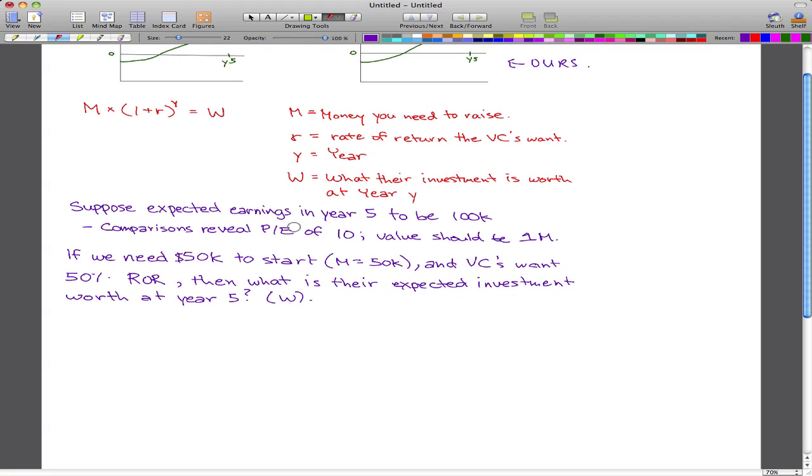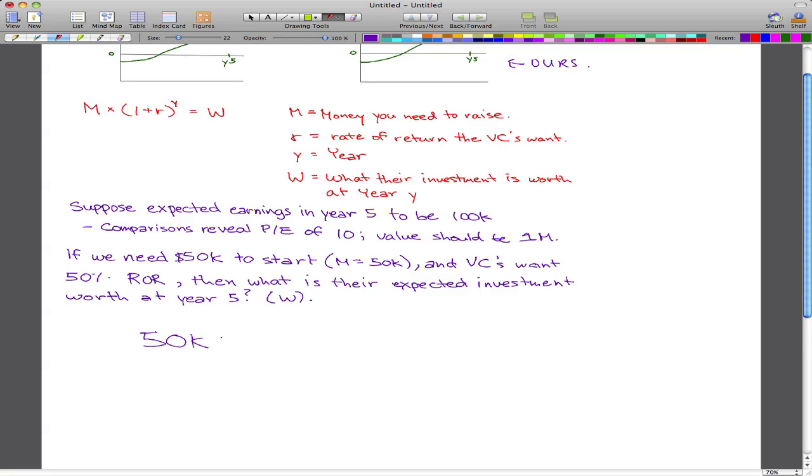If we need 50 grand to start our company and our VCs want a 50% ROR, or rate of return, which is R, then what is their expected investment worth at year five? That's W. So let's use this equation. M is the money that we need to raise, 50K.